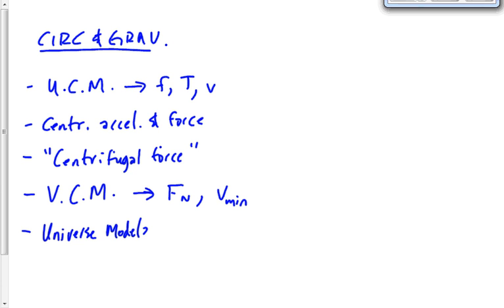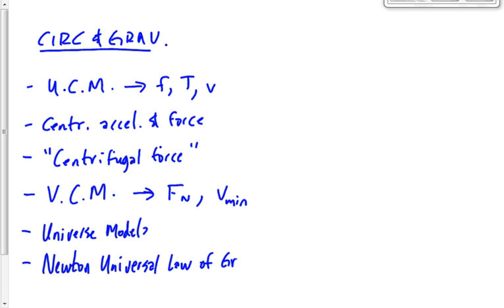We'll put as a separate category here Newton's law of universal gravitation. Now, of course, within Kepler, we have to know the 3 laws, but there's no mathematics associated with these 3 laws. Newton's universal law of gravitation does involve some mathematics.